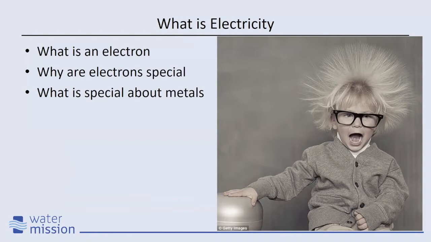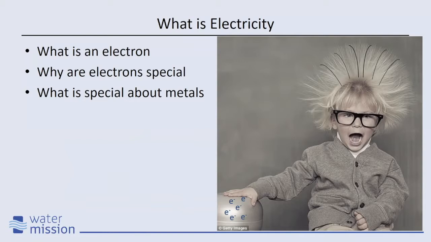A Van de Graaff generator basically pushes electrons onto that metallic dome, creating static electricity, forcing those electrons to concentrate on that dome. The electrons are all negatively charged, as we spoke about. That means they're repelling each other, exerting a force on each other. They want to get away.